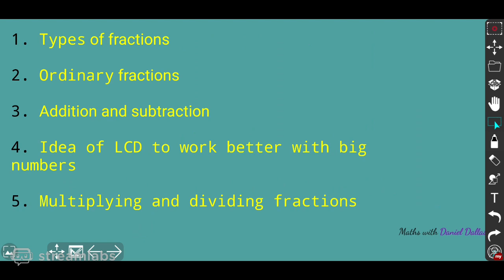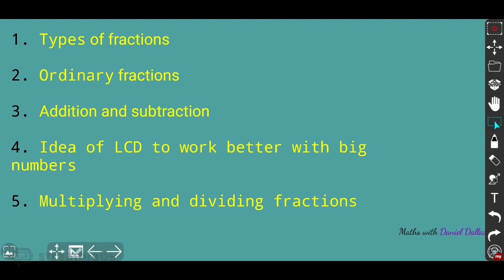But we also start from types of fractions, how we can categorize them, like how we can recognize what one fraction is, what another fraction is, okay? We'll also get to know ordinary fractions.